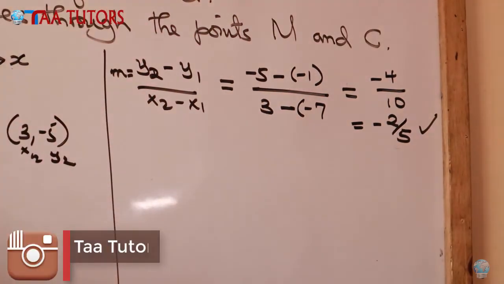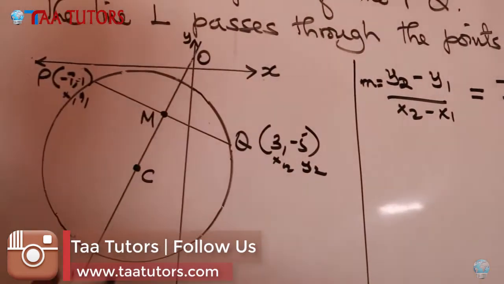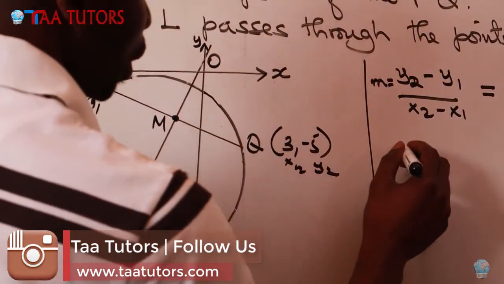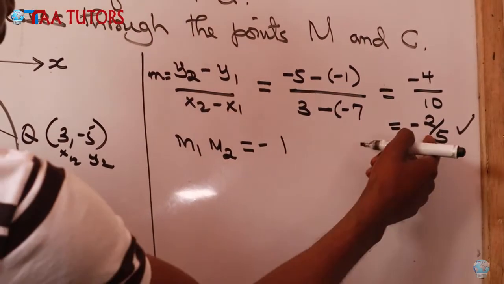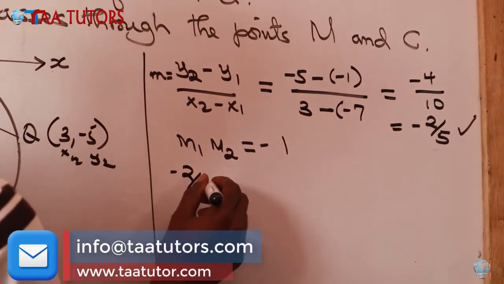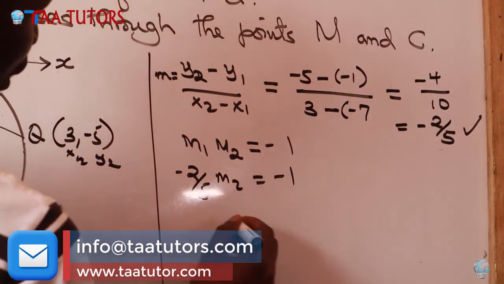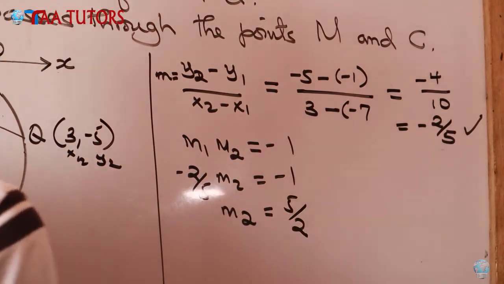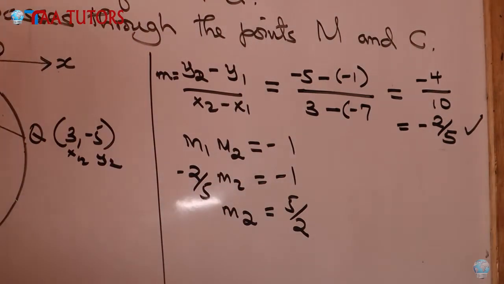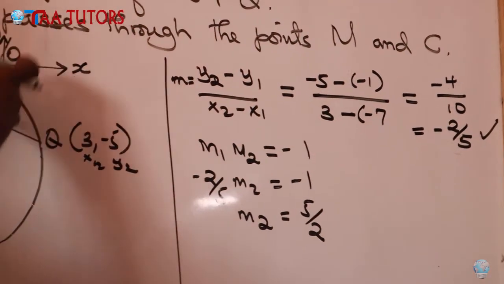That is the gradient of this line. The gradient of the line perpendicular to it satisfies m1 times m2 equals -1, so with m1 equal to -2/5, m2 should be positive 5 over 2.